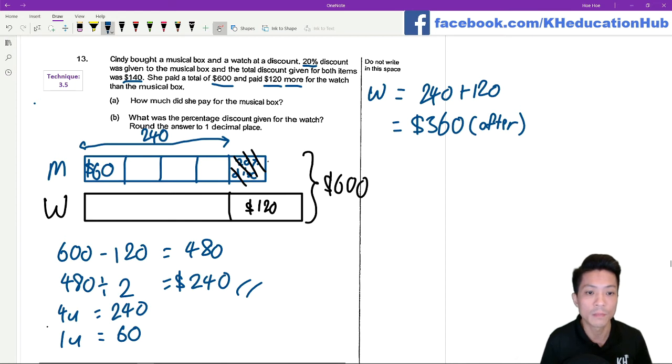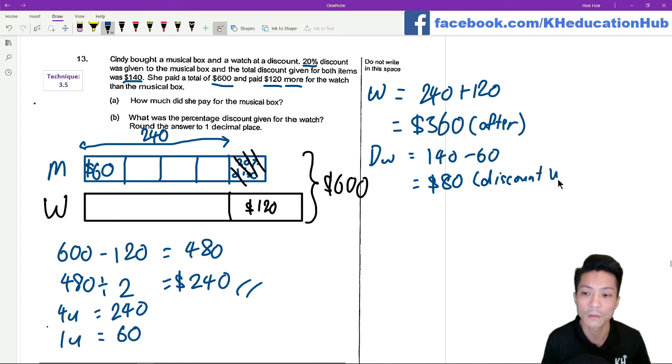Okay, and then remember, since the discount on the musical box is $60, that means the discount on the watch will be equal to 140 minus 60, which is $80. This is the discount of the watch.